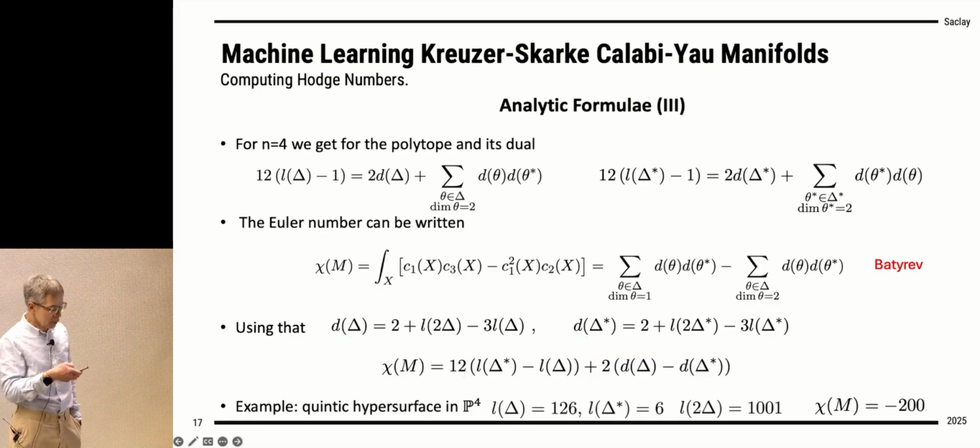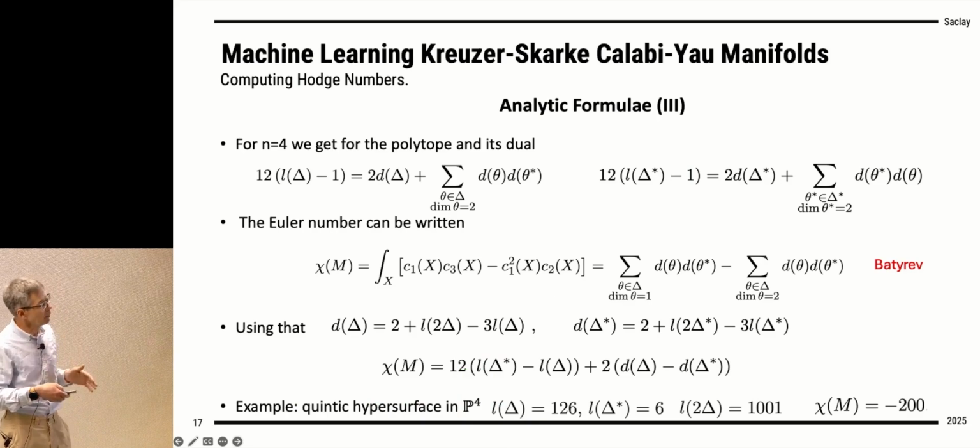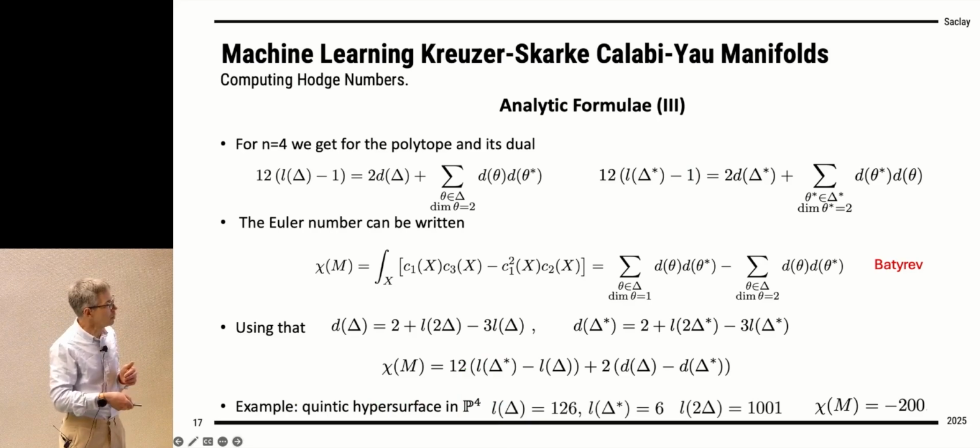And just to show you that I'm not making this up, let's look at the quintic hypersurface in P4. L delta is the number of monomials. It's a quintic, so you're looking at a degree 5 hypersurface in 4 homogeneous coordinates in this complex projective space.